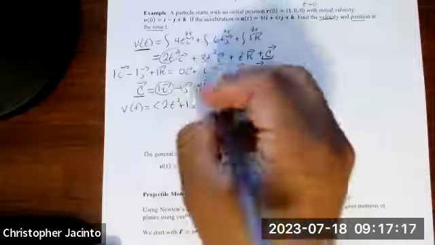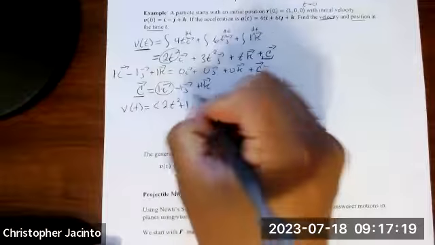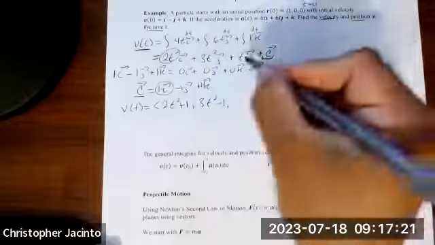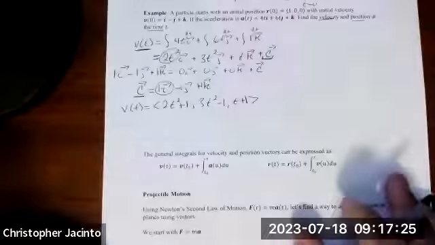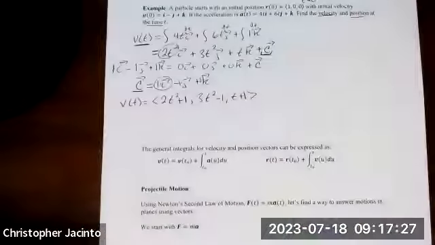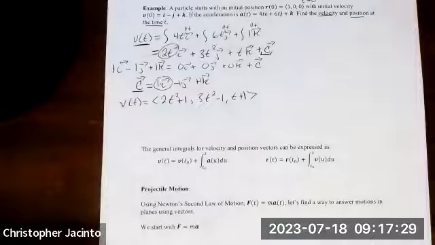Keep going. 3t squared minus 1. And then finally, t plus 1 for the k component. So that's how we do constants in vector format. We just add up each individual component.